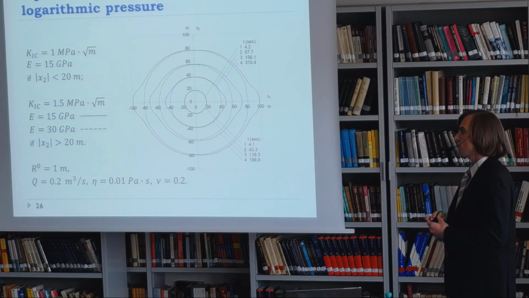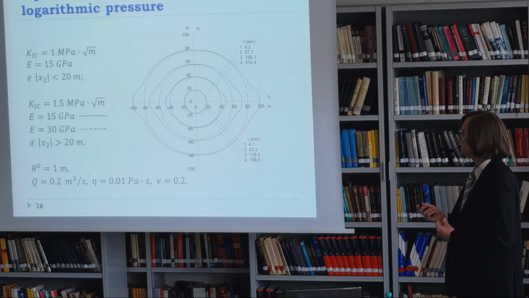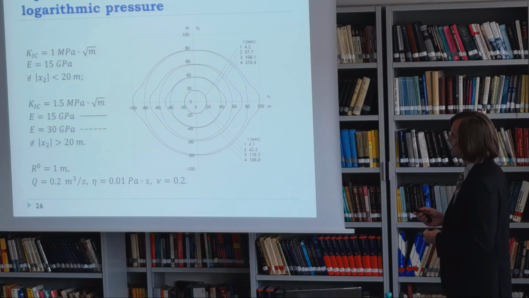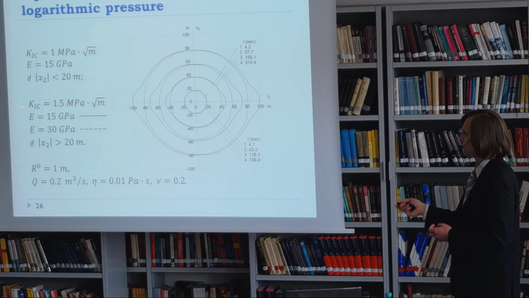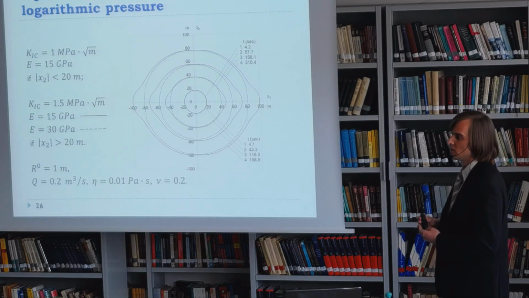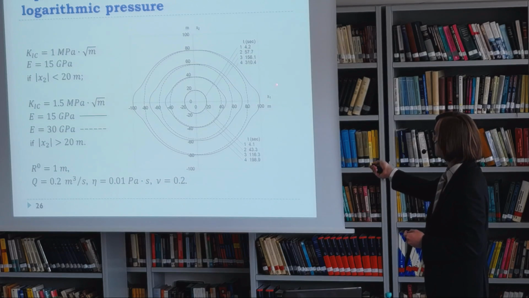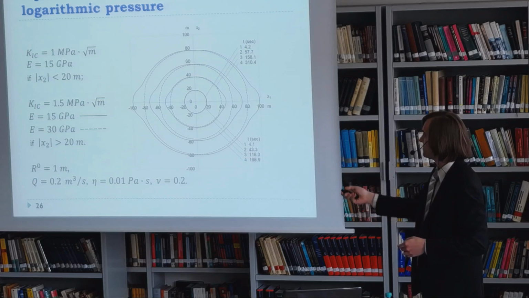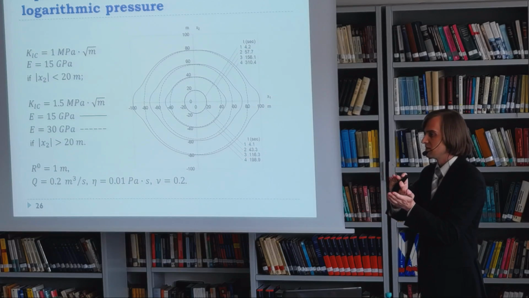Well, I think the problem is that we calculate our stress intensity factor from the crack opening. If you consider a high Young modulus, we would expect that the crack wouldn't open that much, so the stress intensity factor would decrease as well.